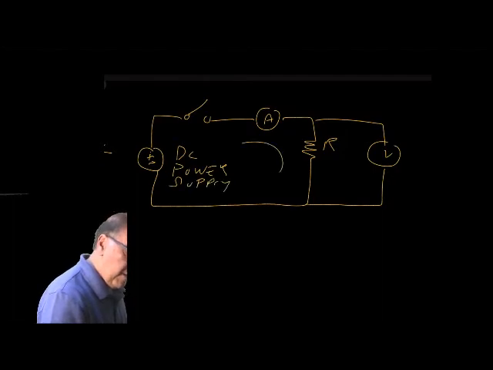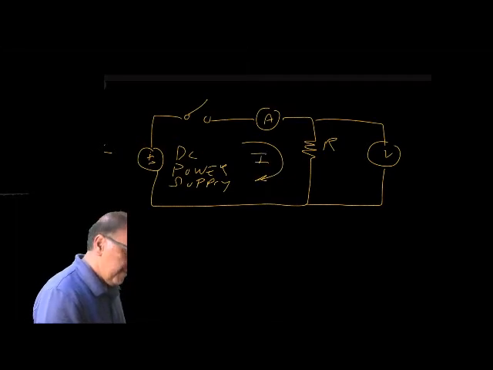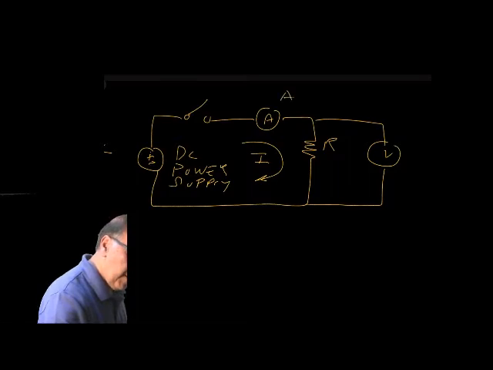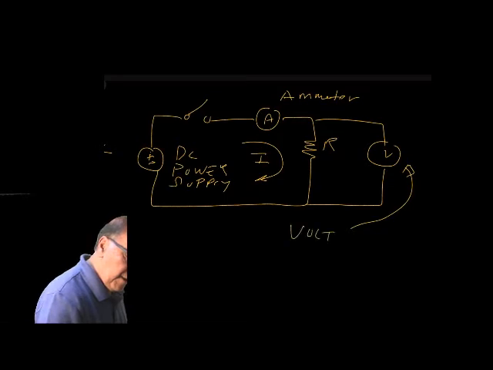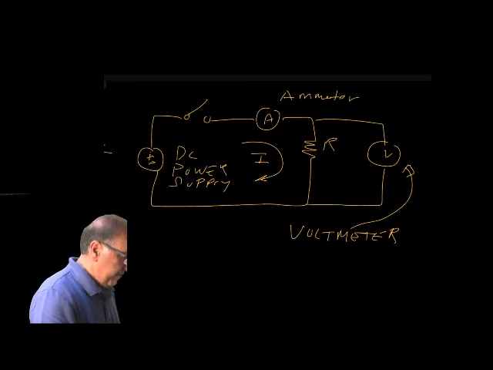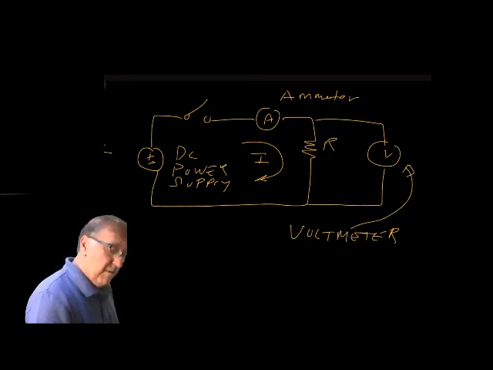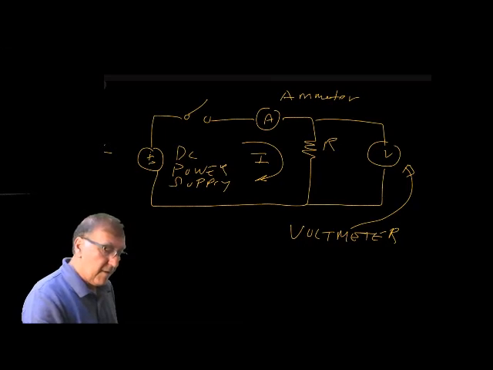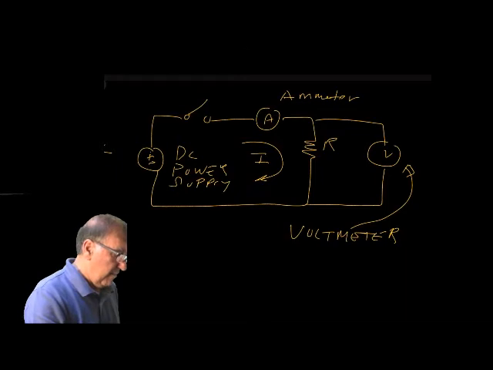And we have current flowing in the loop. This is an ammeter. This is a voltmeter. It's very important to note that the current flows through the ammeter, but not the voltmeter.